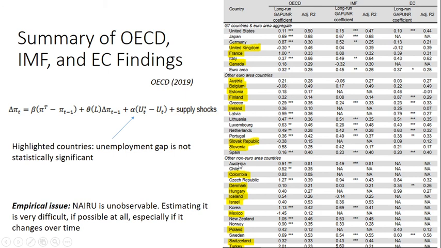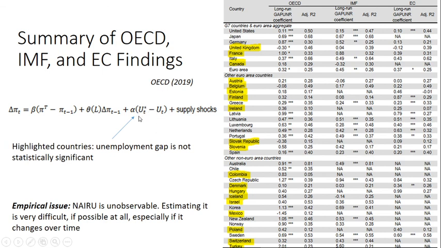So all of those highlighted cases show a Phillips curve that is basically not statistically significant.